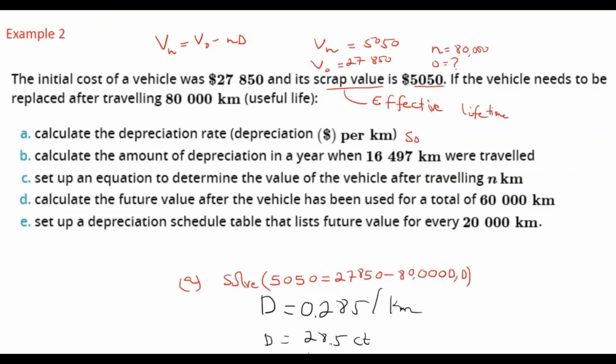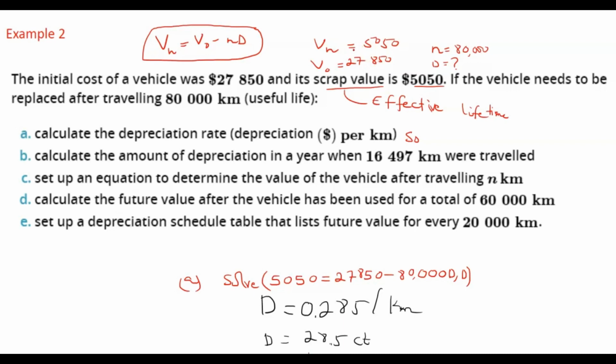The initial cost of a vehicle was 28,850, and its scrap value means effective lifetime. It's always a good idea to write down all the given variables. This is the formula for unit cost depreciation. Always write down the formula, and all the given variables.